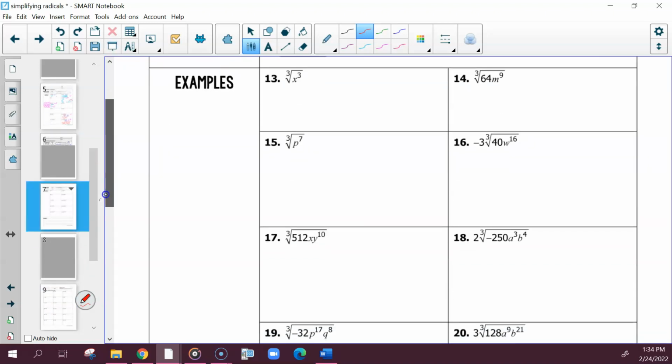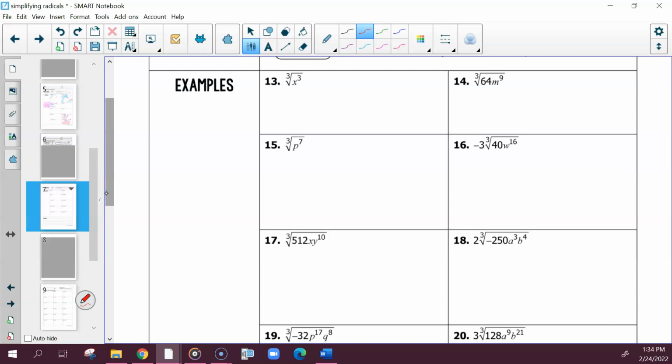Right. So let's start with number 13. This is a multiple of 3. So that means 3 divided by 3 is 1. That means there's going to be 1 x that comes out, and our final answer is going to be x.